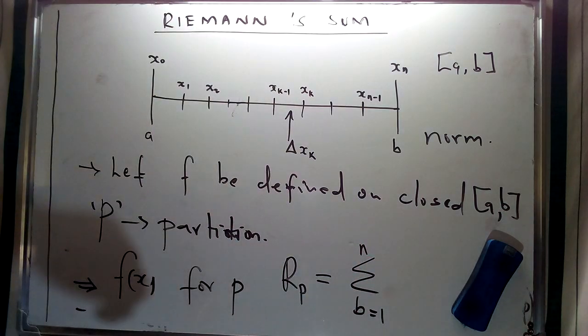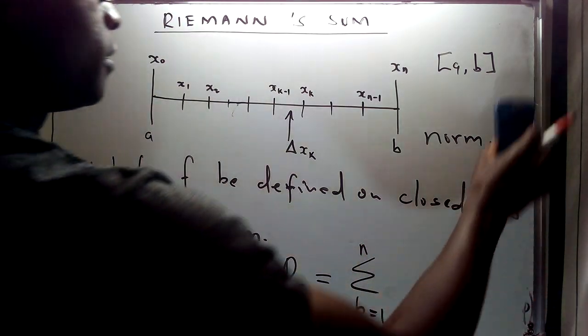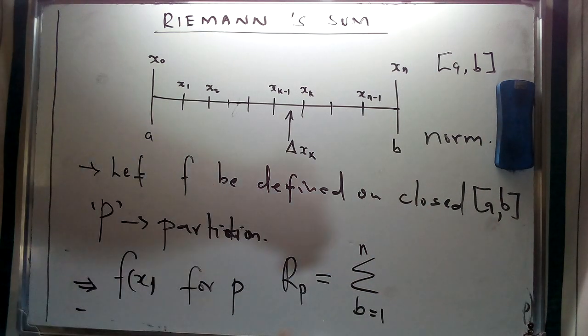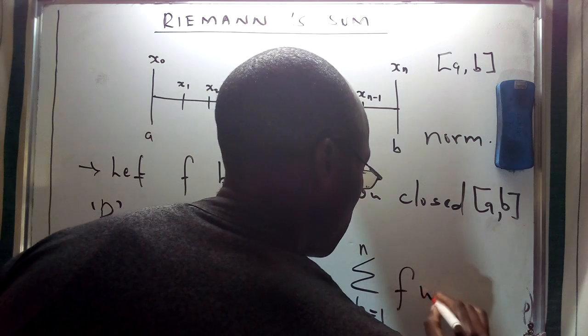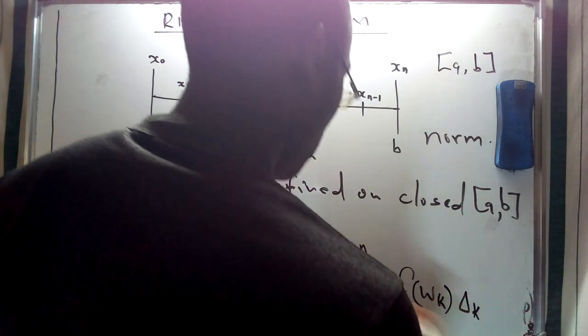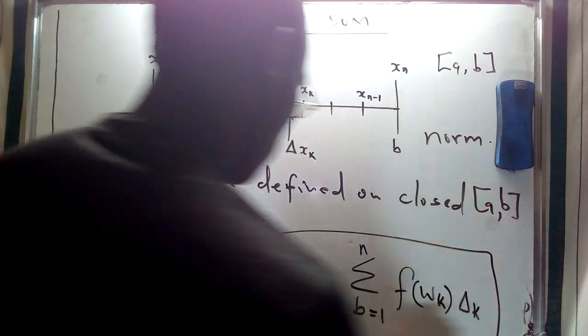So we have said that this n is going to represent a positive integer value, and therefore we're going to have this one represented as f(wk) and change in xk. Of course, I'm going to elaborate on this specific expression.